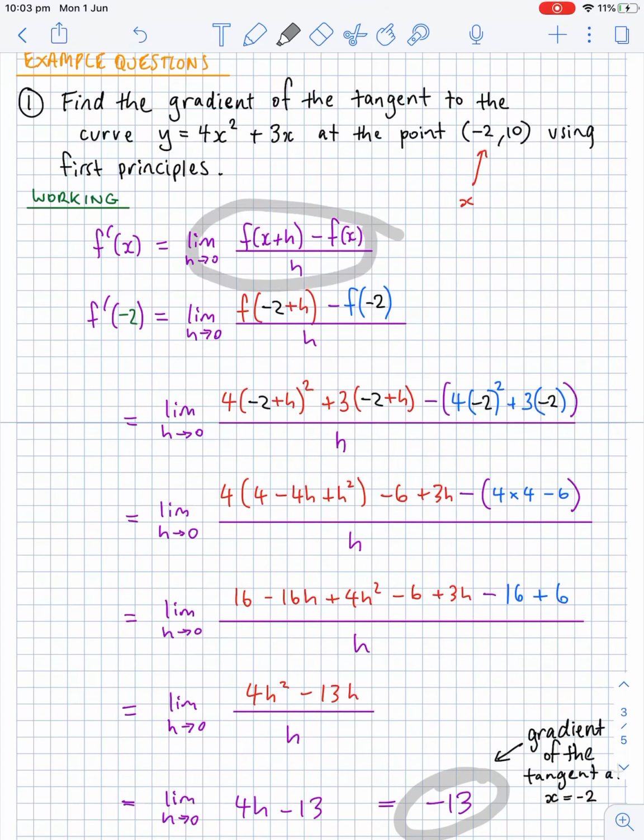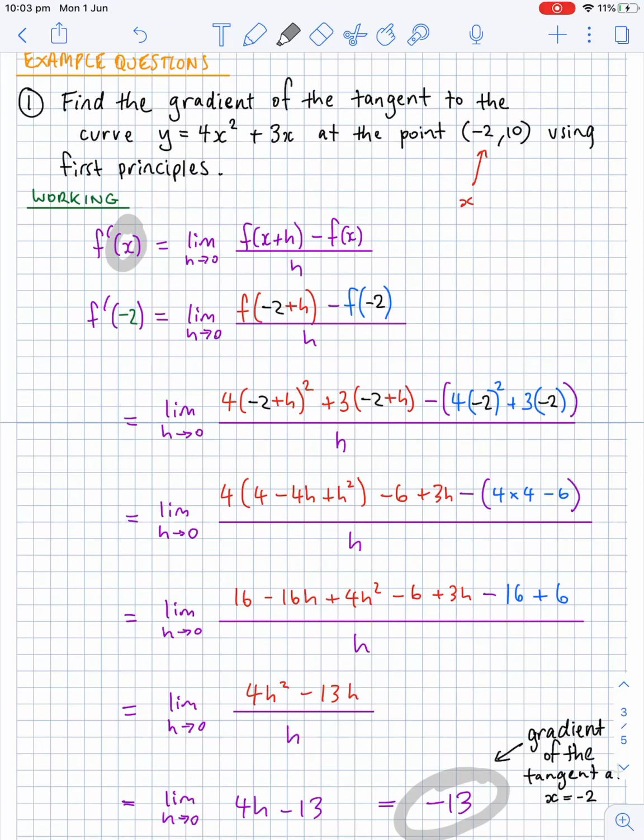We're going to use the first principles formula to help us out. I want to know the gradient when x is equal to -2, so I change all my x's in my formula to -2, and I want to figure out what this is equal to.